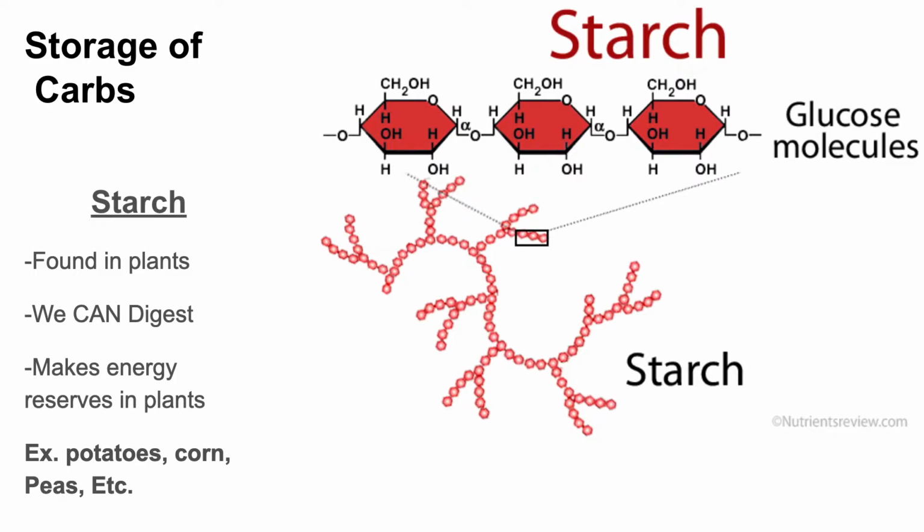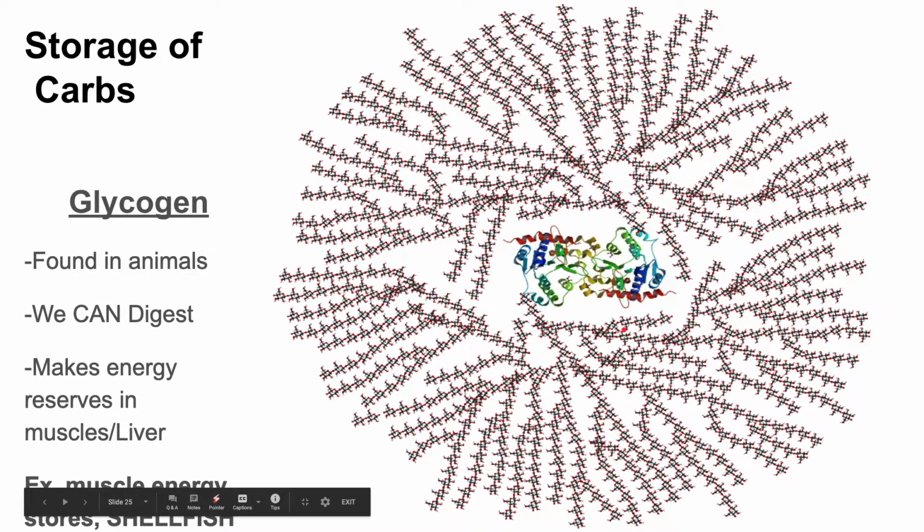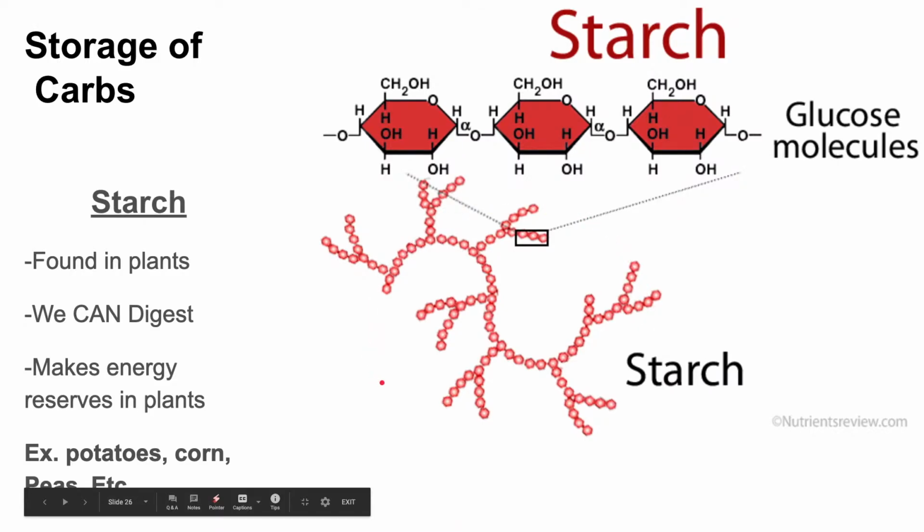So a lot of times plants will store their energy reserves in things like seeds or fruits or vegetables. So potatoes, corn, peas, these are all great examples of starchy vegetables because plants have decided to hold some of their future energy in those products, both for them, but then we come along and pick them because we're hungry folk. And it's not as branched, if you look back at glycogen, it's not quite as branched as glycogen.